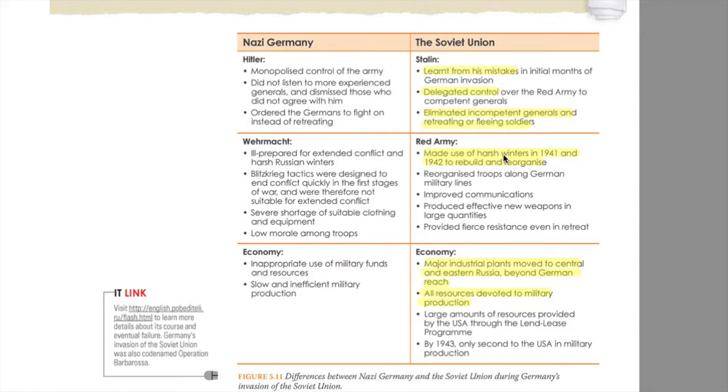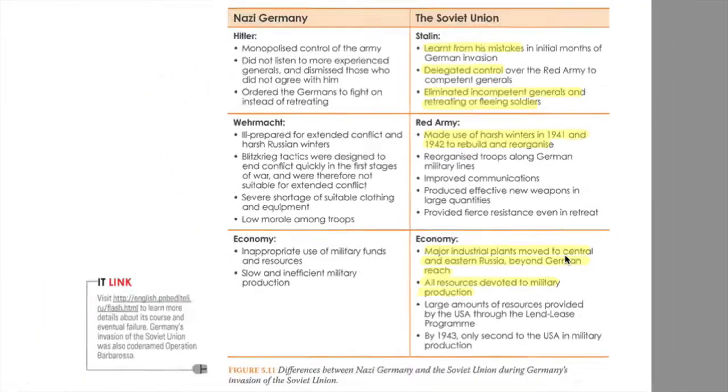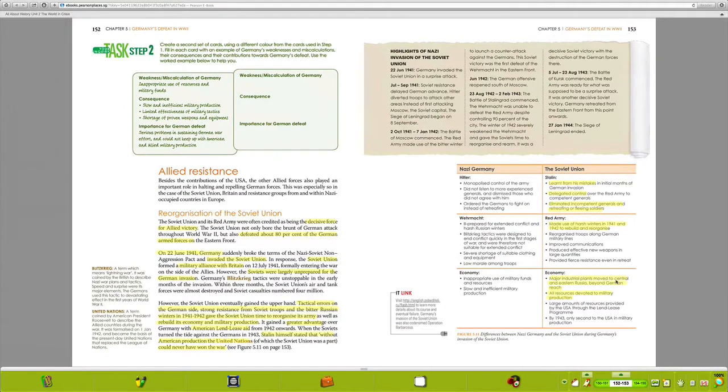They made use of the harsh winters to rebuild and reorganize, and they moved their major industrial plants to central and eastern Russia. Why? Because it was further away from where the Germans were. And all resources were devoted to military production. So basically, they made none of the mistakes which the Germans made.